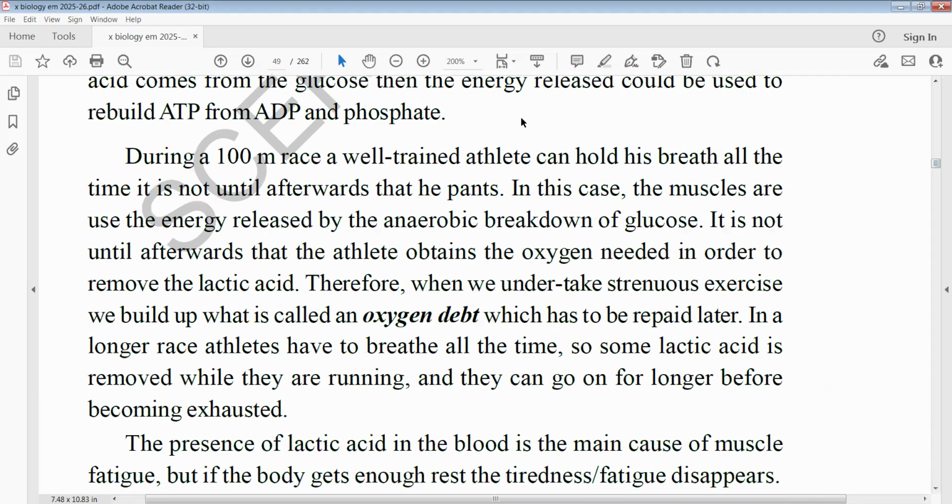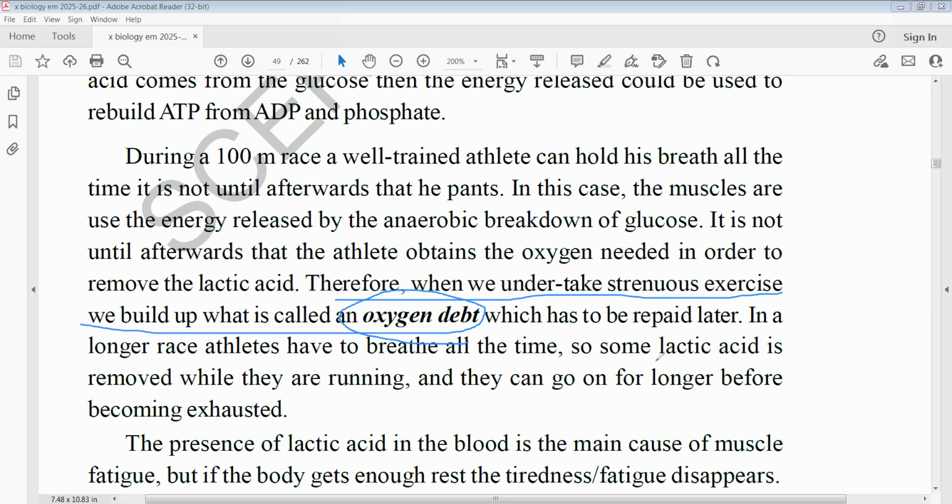Due to loss of oxygen while running, there is an oxygen debt which has to be repaid later. During running, oxygen percentage decreased. When we relax, we regain the lost oxygen.